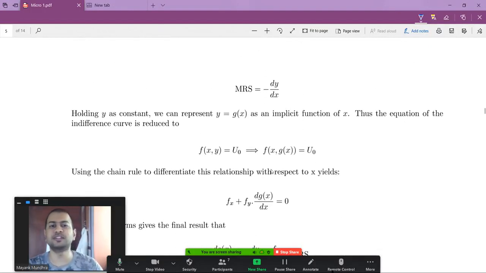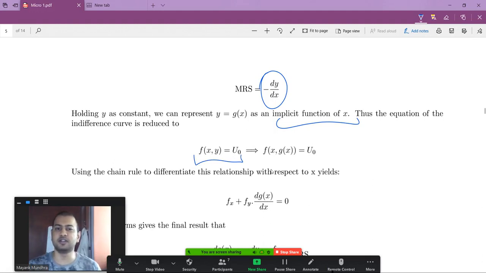Now using the minus dy by dx formula is not always feasible, so sometimes we use another formula which is derived through the implicit function. So let us say that the function is f of x comma y equals u naught. This is the equation of the indifference curve that you are talking about.